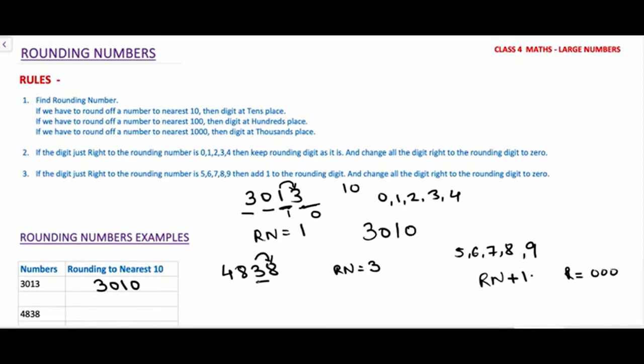Here the rounding number is 3 and the digit next to it is 8, so we add 1 to the rounding number and change the right side digit to 0. It will become 4, 8, 3 plus 1 is 4, and then 0. So 4838 will be rounded off to 4840. This is the nearest tens place.